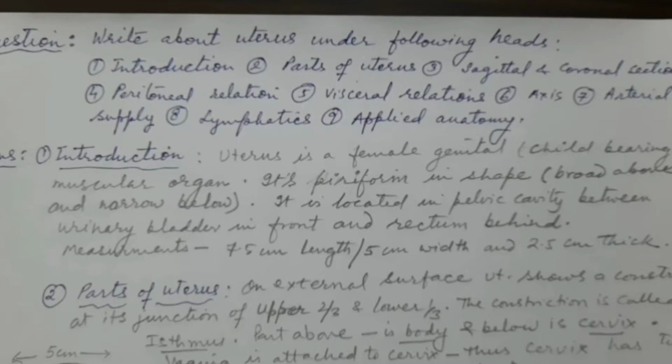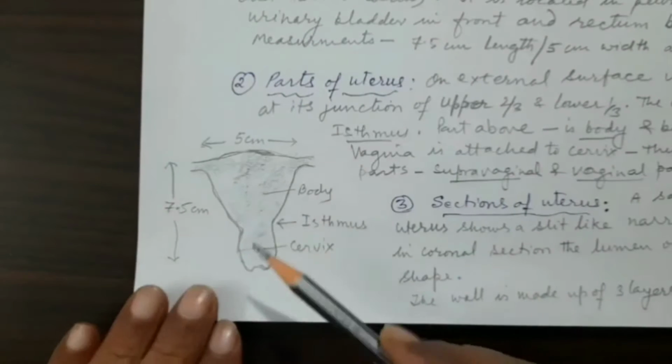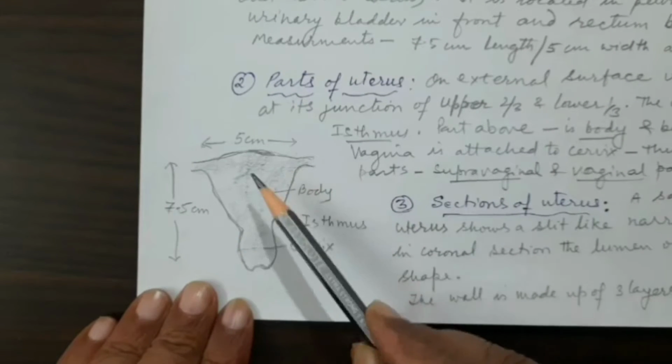Now this is a muscular organ, a thick muscle coat is there. If you see the shape of the uterus, it is pyriform in shape. This is the uterus as seen from the surface.